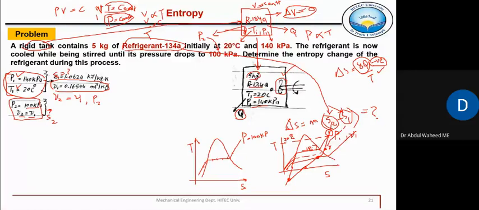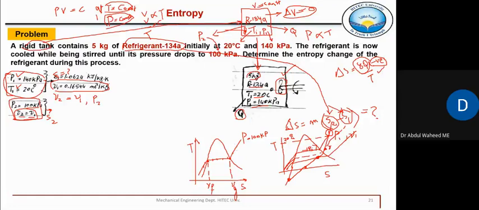So from the table, what can we find out? We can find these volumes, because at 100 kilopascal, this Vf is a fixed value and this Vg is a fixed value. So if at 100 kilopascal I see Vf and Vg from the saturated table and compare them with the given V: if the given V is greater than Vg, we are in the superheated region.